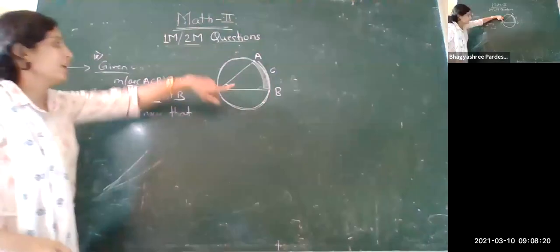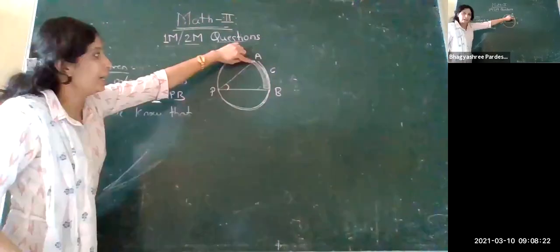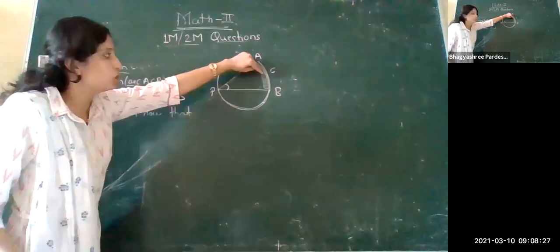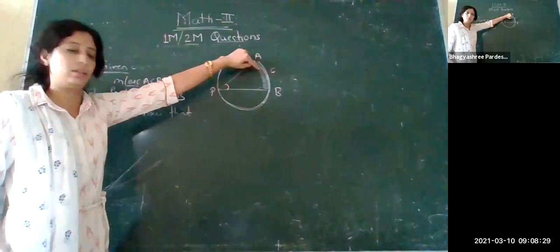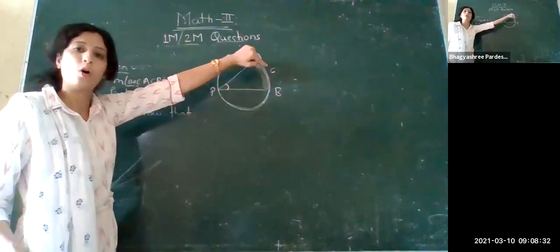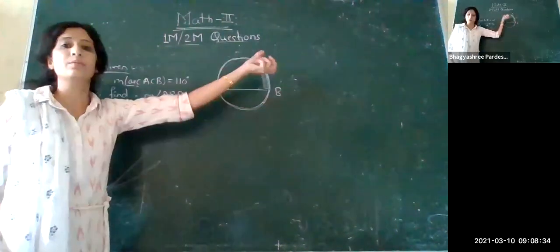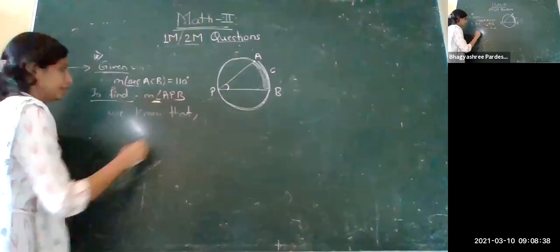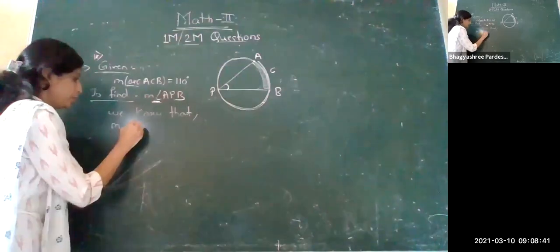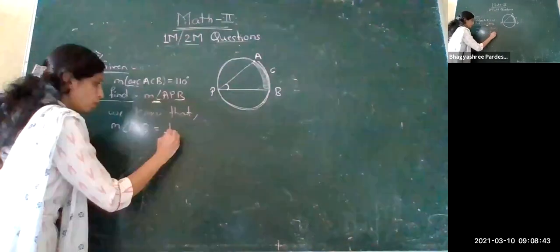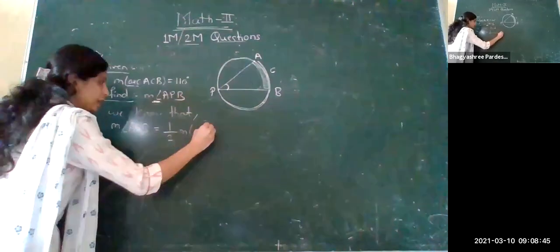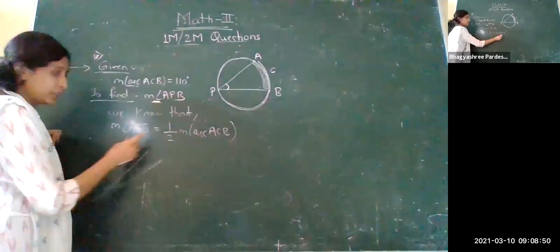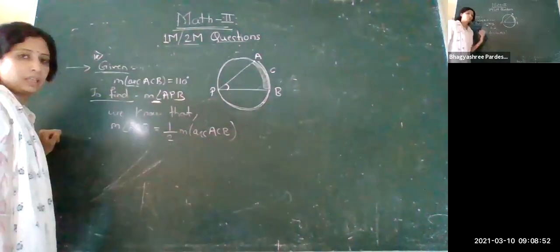If an angle is made because of an arc, then the measurement of that angle is actually half of the arc because of which it is made. Why? Because this is one of the theorems here. So using that, the measure of angle APB is equal to half of the measure of arc ACB, because this angle is actually inscribed in this arc.